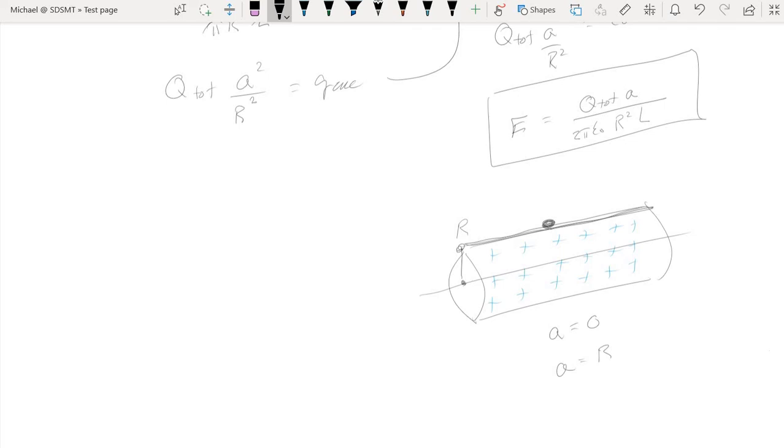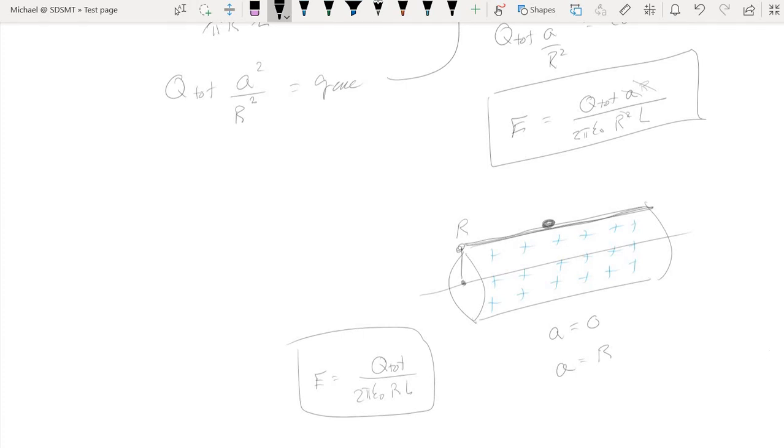In all of our previous discussions, we said that once we get to the surface of the cylinder, it should start acting like a line charge. But if we replace A with R, we lose an R, and what's left? Q total over 2 pi epsilon RL. Well, that is the line charge expression.